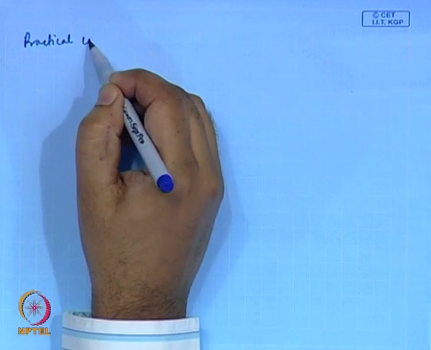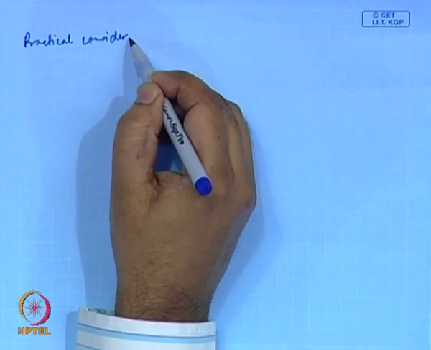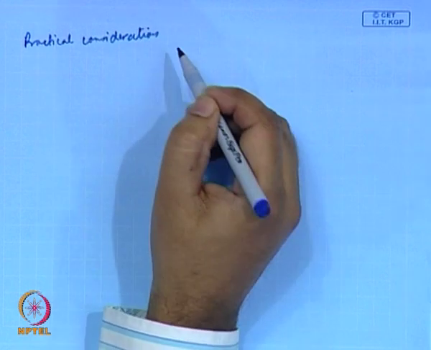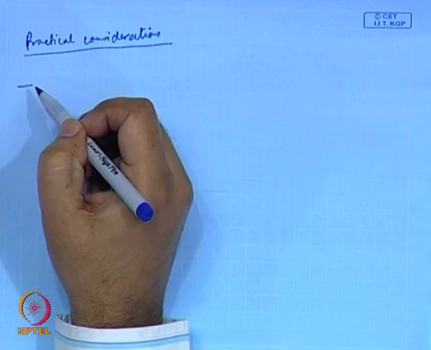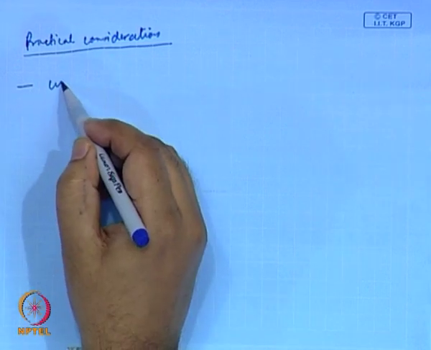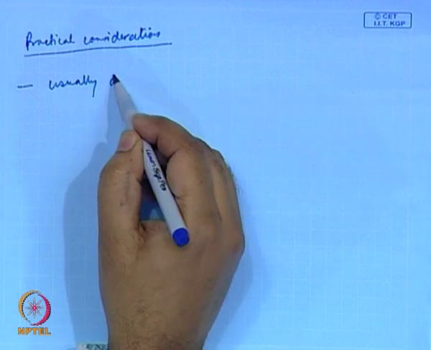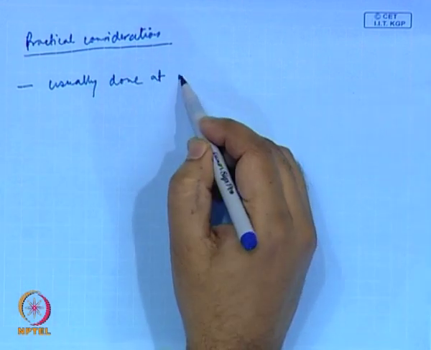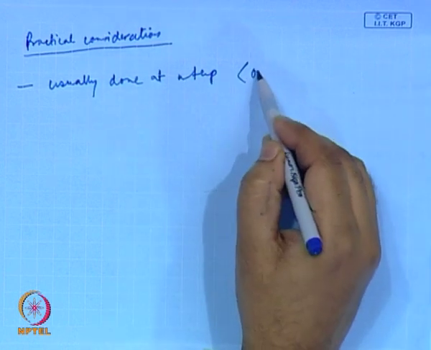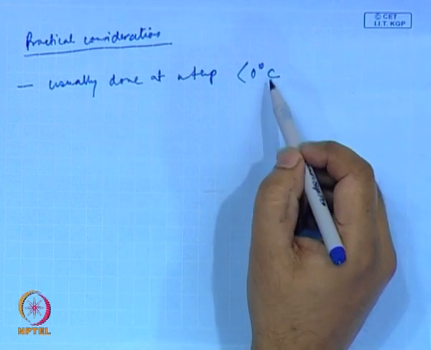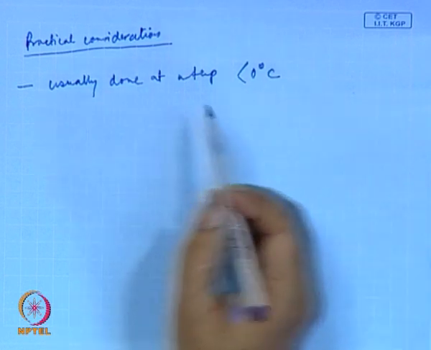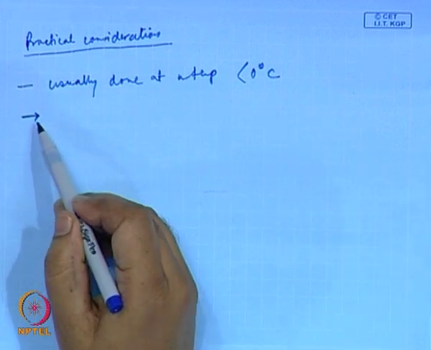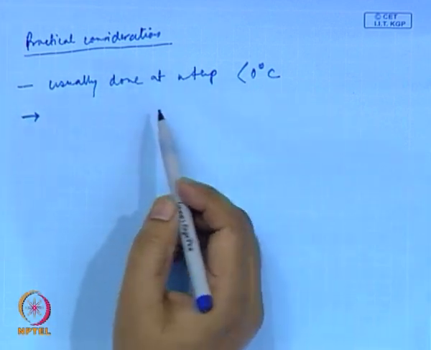Now, what are the practical considerations in case of cationic chain polymerization? For a successful cationic chain polymerization, as we just discussed, it is usually done at a temperature less than say 0 degree centigrade, because as we have seen, with reducing temperature you can get a high molecular weight, or molecular weight increases with decreasing temperature.